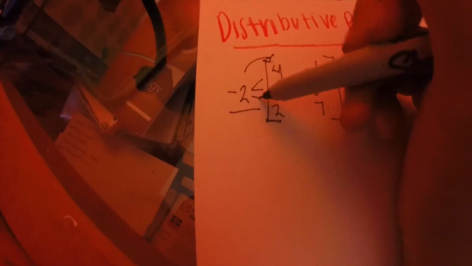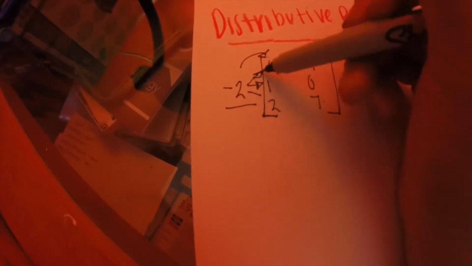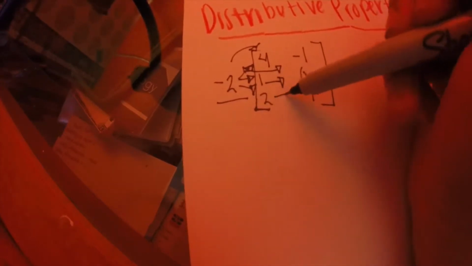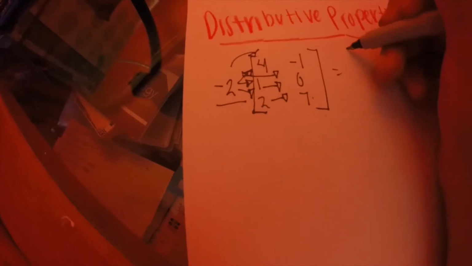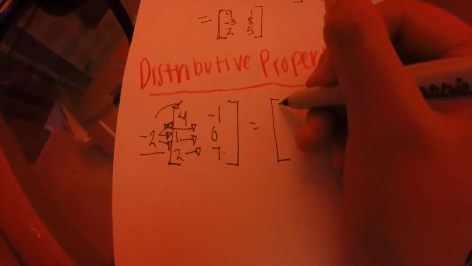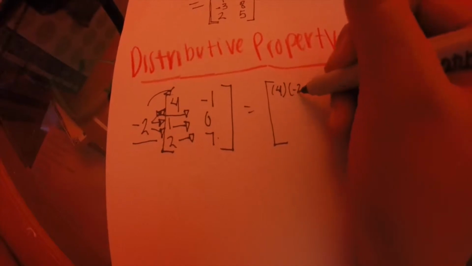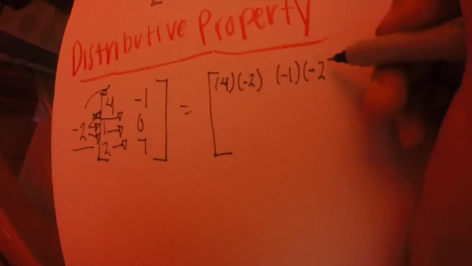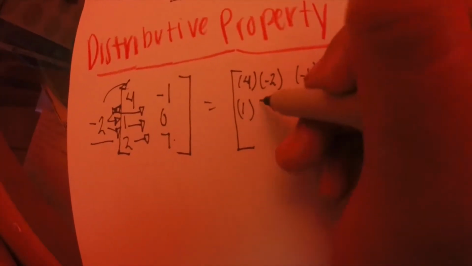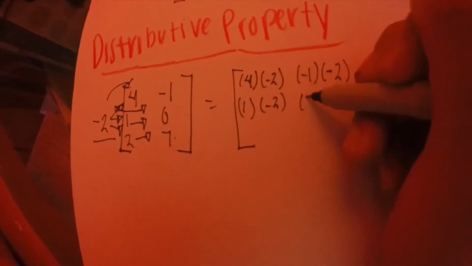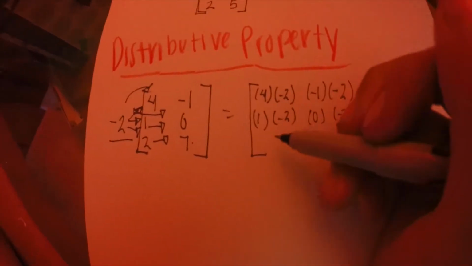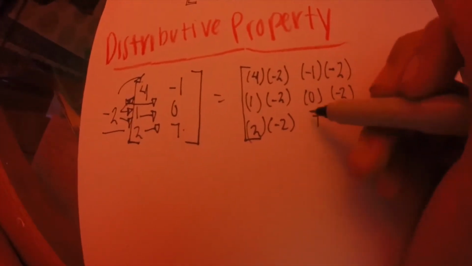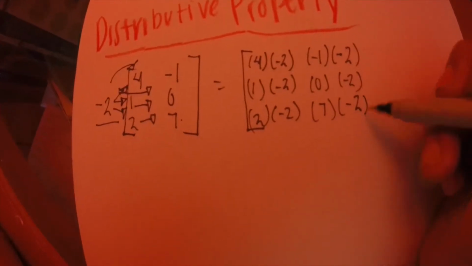Therefore, the -2 goes to each of the numbers inside the matrix. So you could say that this was 4 times -2, -1 times -2, 1 times -2, 0 times -2, 2 times negative 2, and 7 times negative 2.